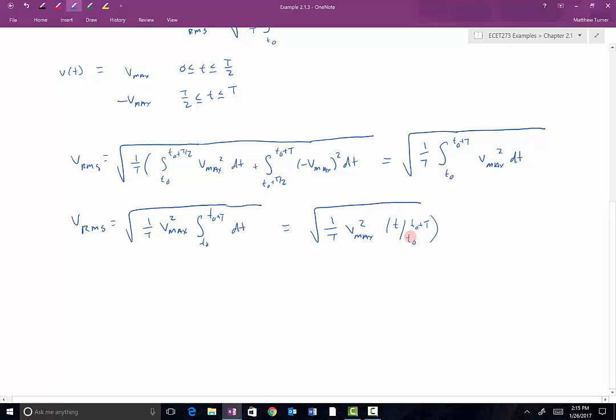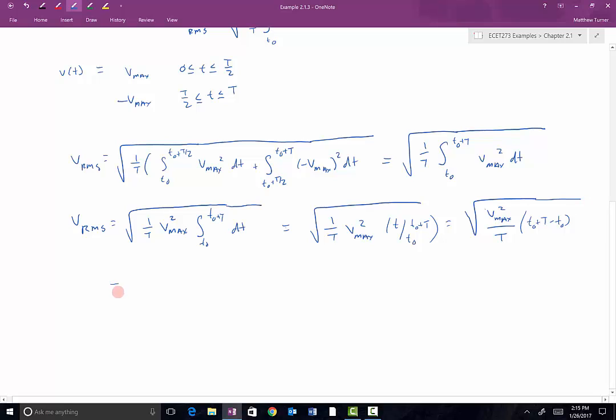So this is the root of V max quantity squared over T times the upper limit minus the lower limit, t0 plus T minus t0.